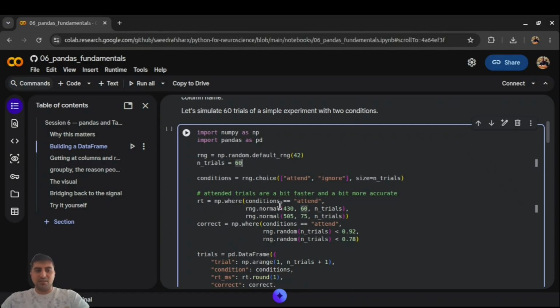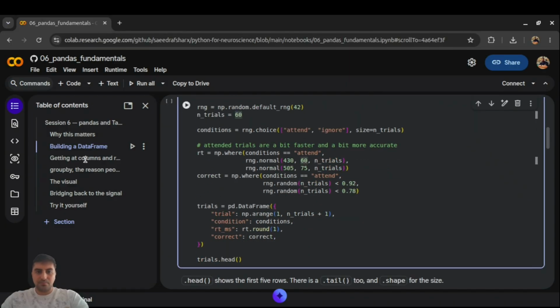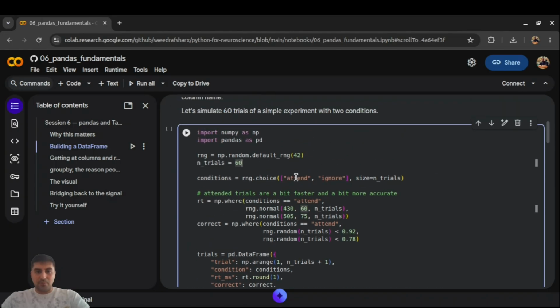I have built in the effect you would expect: attended trials come out faster and more accurate. It's observable right here. Okay, attend and ignore. Then we have the size, which we have put as 60, an integer, a constant number, and this orangey thing we will go through.